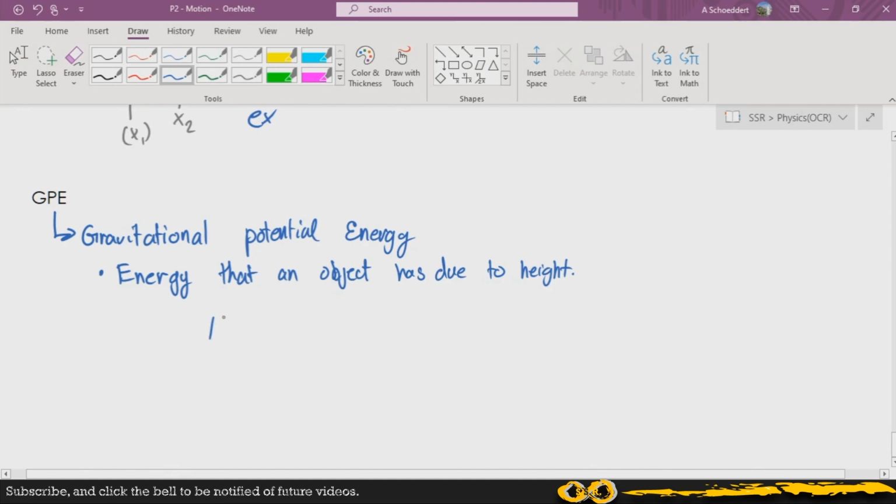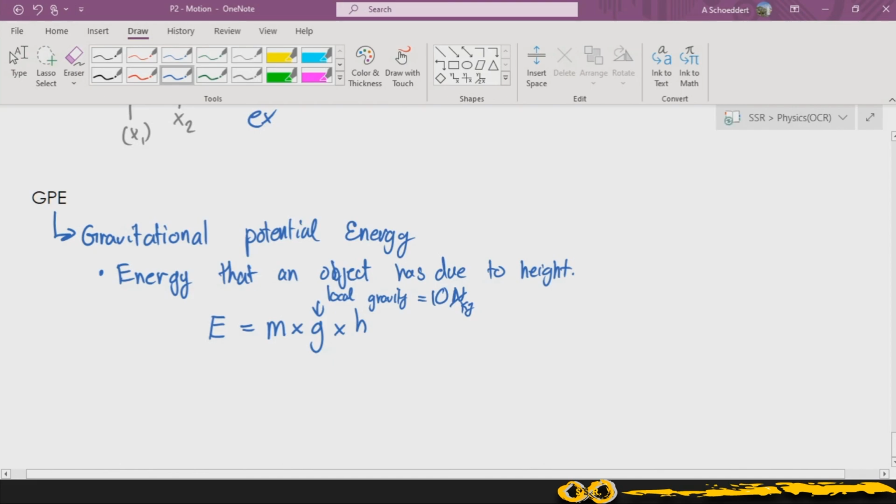The formula for this is that the energy is equal to the mass of the object multiplied by the local gravity, which on Earth we take to be 10 newtons for every kilogram, and then multiplied by the height of that object. The higher or heavier an object is, the more gravitational potential energy it will have.